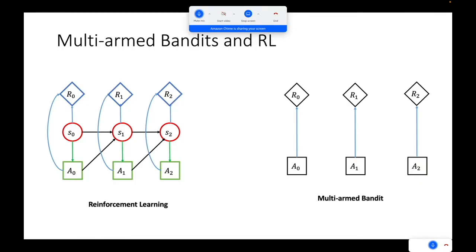So at any point of time, we take an action and observe a reward, which depends only on that action. Okay? So this is the assumption in the modeling.